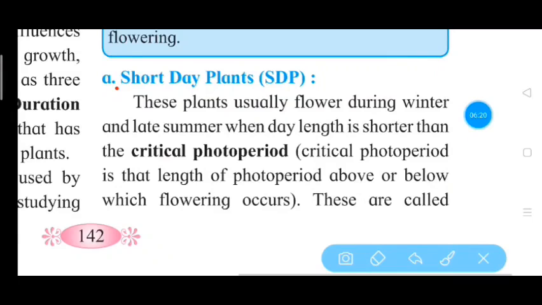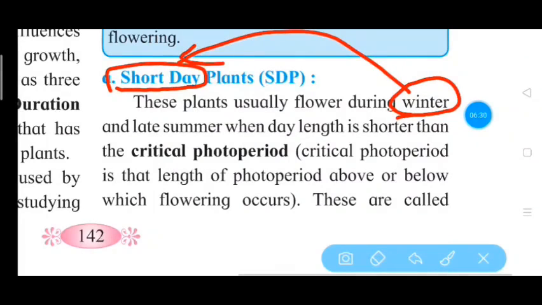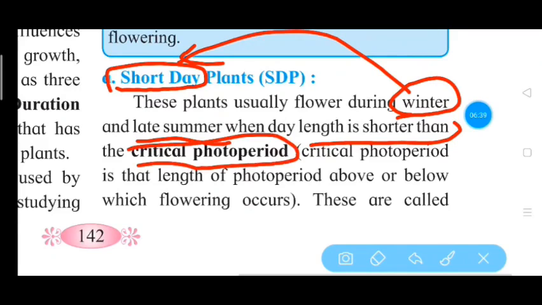As the name suggests, short day. These plants usually flower during winter, where days are short, and late summer, when the length of day is shorter than the critical photoperiod.